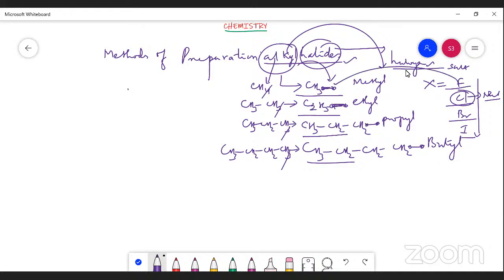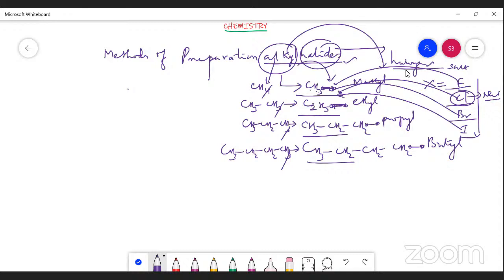Methyl with fluorine is methyl fluoride. Methyl with chlorine is called methyl chloride. Methyl with bromine is called methyl bromide. Methyl with iodine is called methyl iodide.